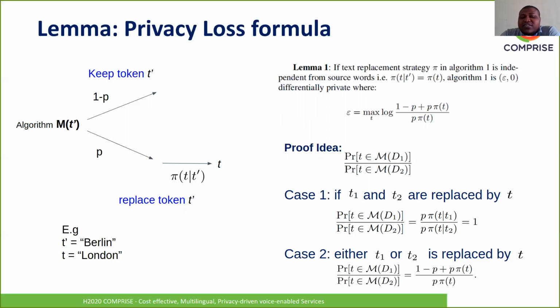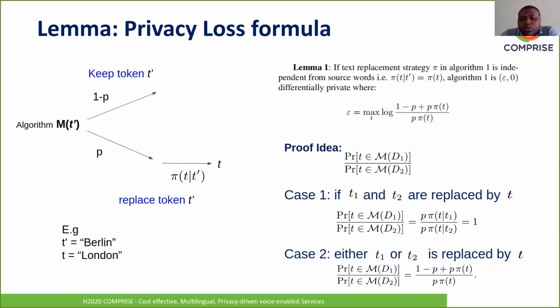But we can have another scenario where we decide to replace either T1 or T2, or even better, maybe our replacement algorithm replaces T1 by another token that is actually the same as T1. In that scenario, the denominator is exactly the same as case 1, but the numerator has two choices.